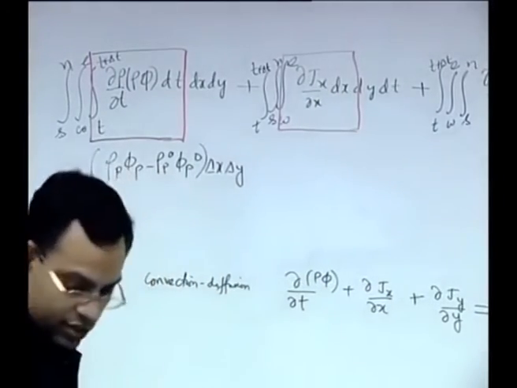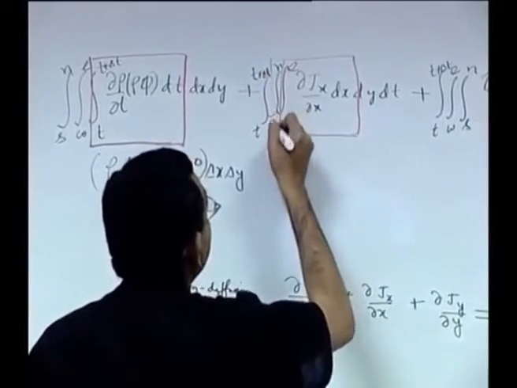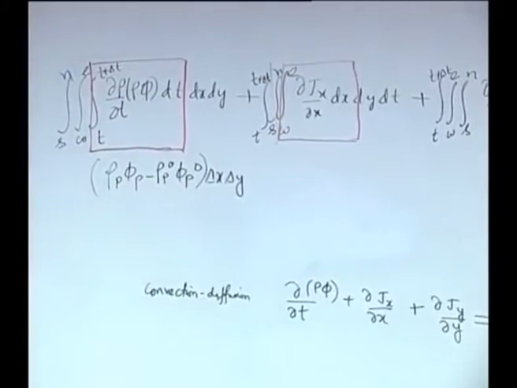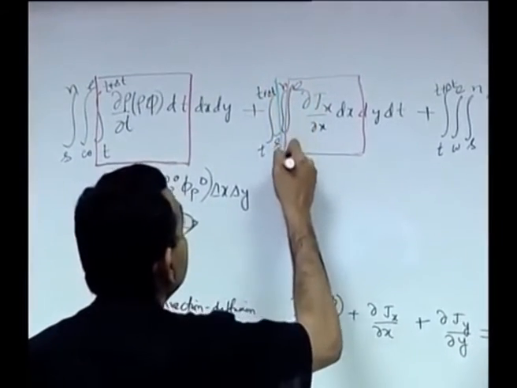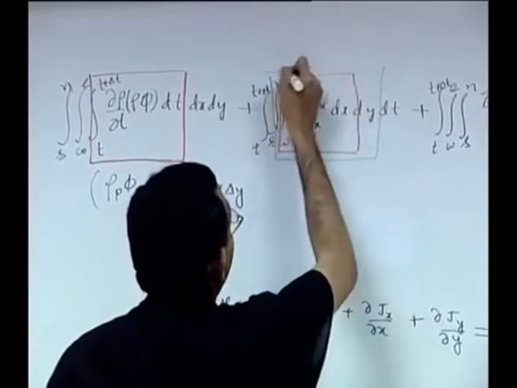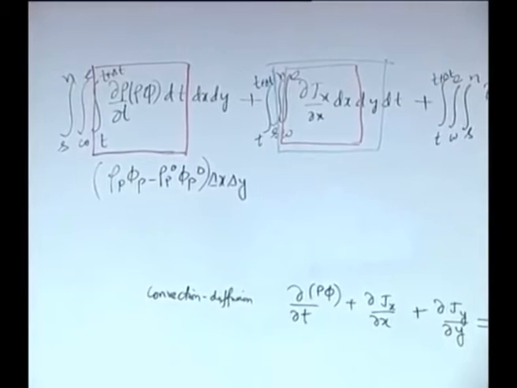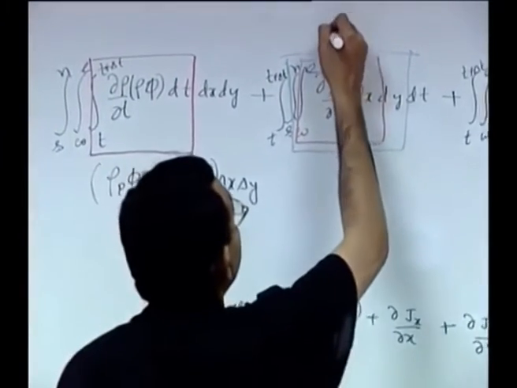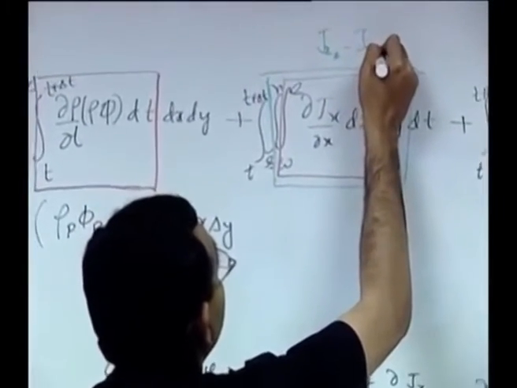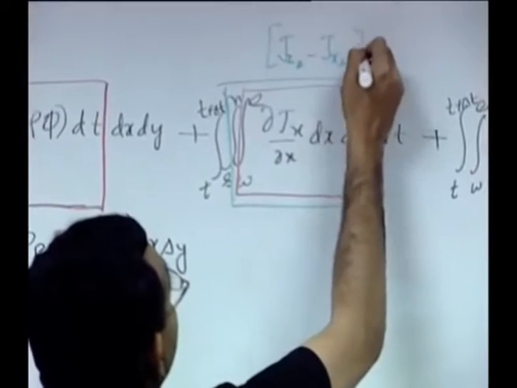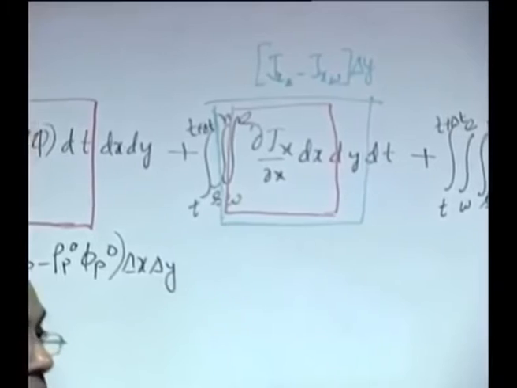Then next, we consider that integrated over y, so we have Jx E minus Jx W into delta y for this particular part of the term.